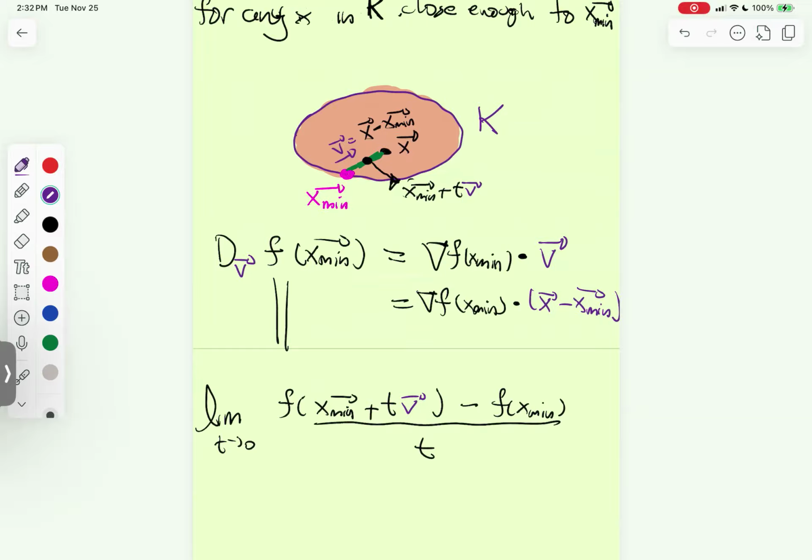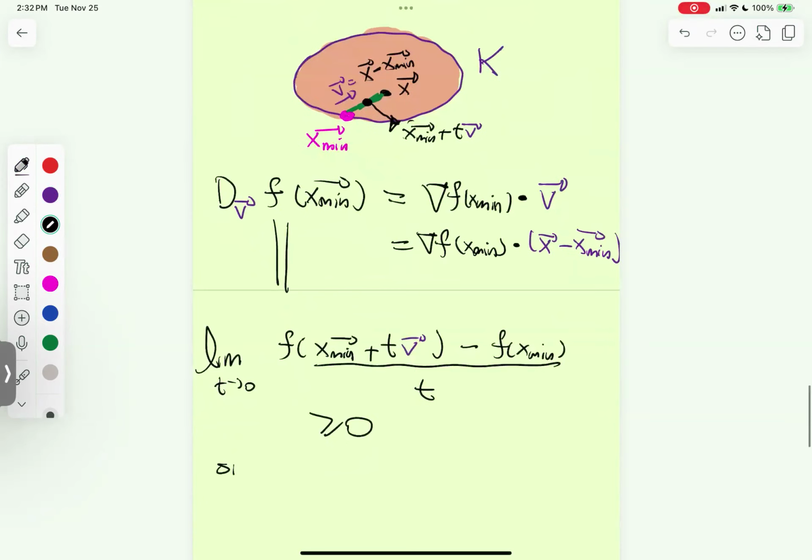So this difference is always non-negative, and that automatically tells us the limit of non-negative things is non-negative. So that is enough, because it just means that this dot product has to be greater than or equal to zero.